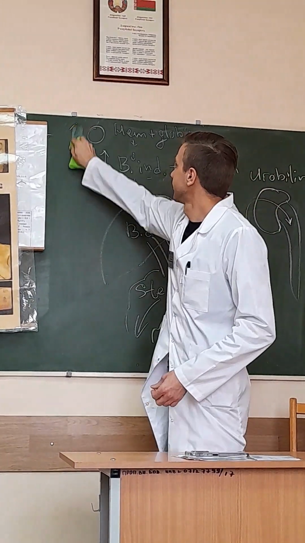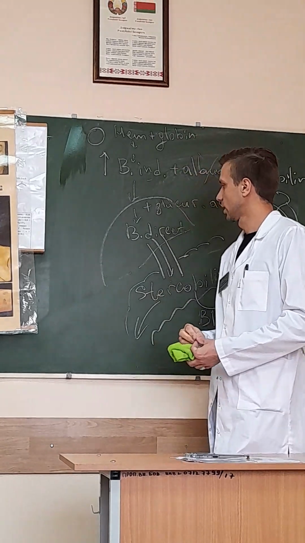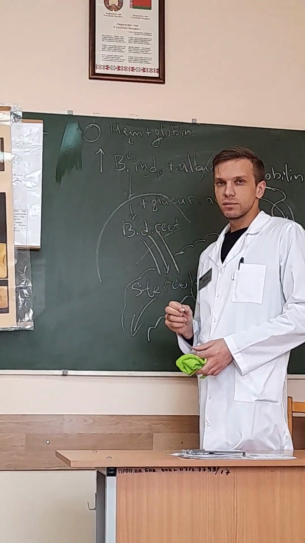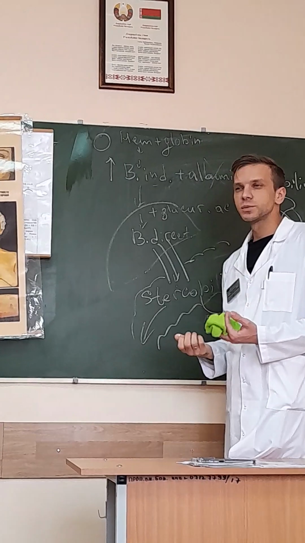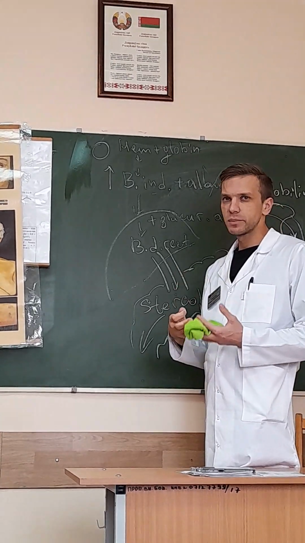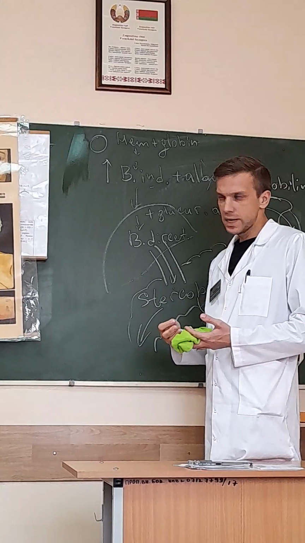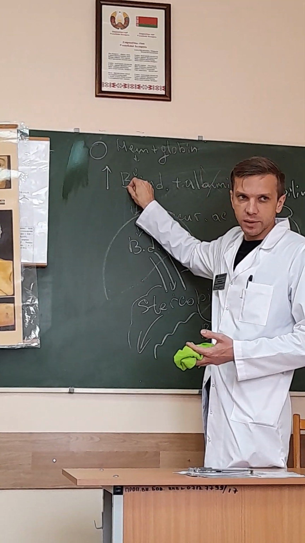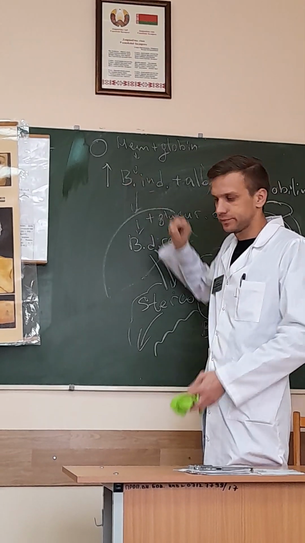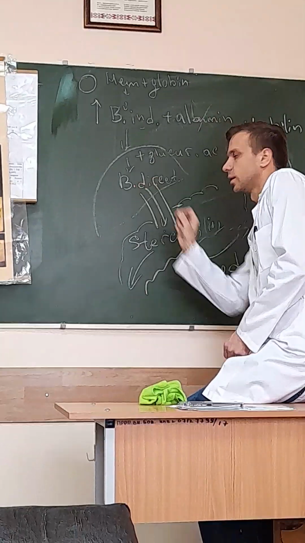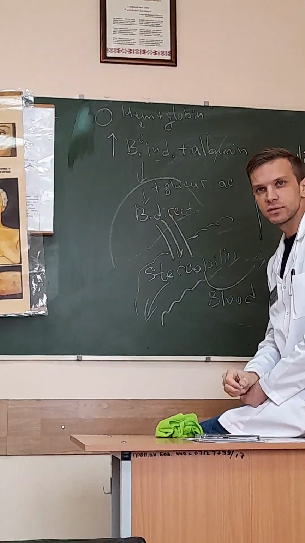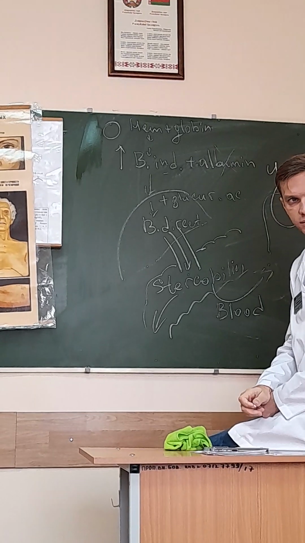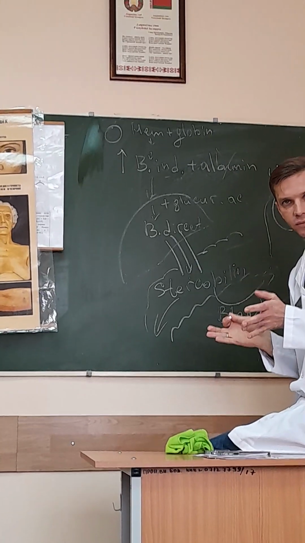Hemolysis is normal. Liver will have slower metabolism of bilirubin. That's why level of bilirubin in the blood, indirect bilirubin, will increase. In the liver, there is cytolysis, destruction of hepatocytes.